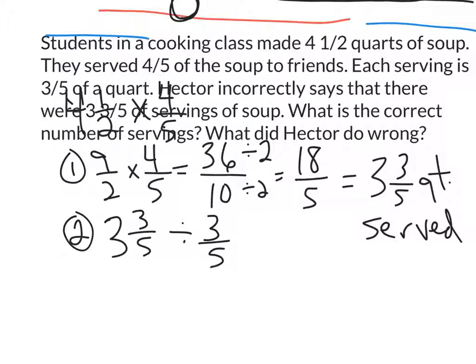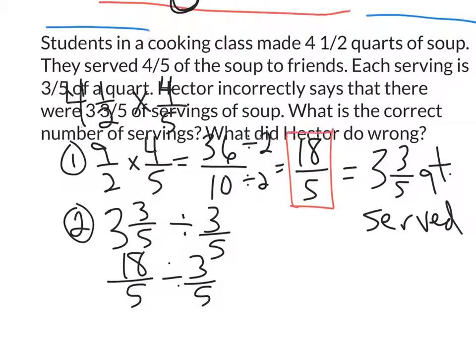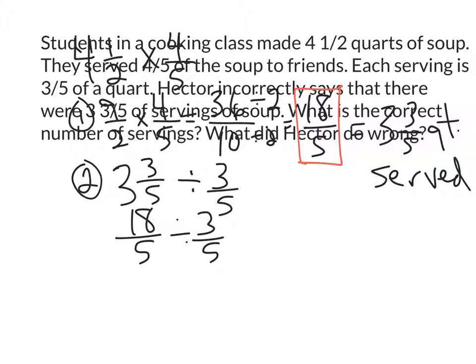You want to see how many 3/5 you have in the 3 3/5. And what I mentioned is that if you just keep that as 18/5, that's what you're going to be going back to anyway. You have to have it as an improper fraction to work this part out anyway. So just something to think about.